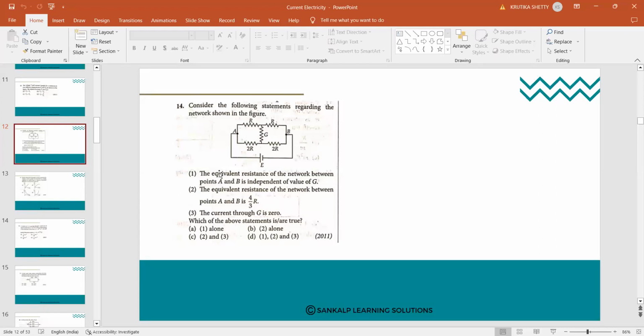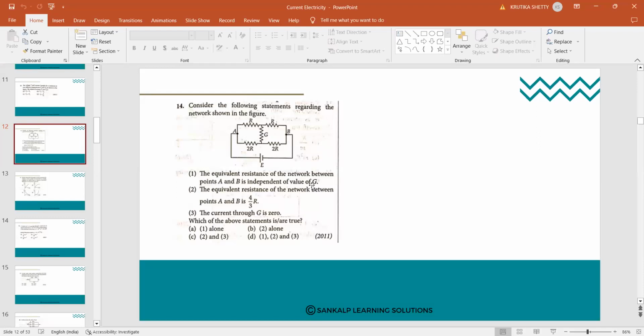Option A: the equivalent resistance of the network between the points A and B is independent of the value G. Option B: the equivalent resistance of the network between points A and B is 4/3 into R. The current through G is 0. Which one of the following statements is true?